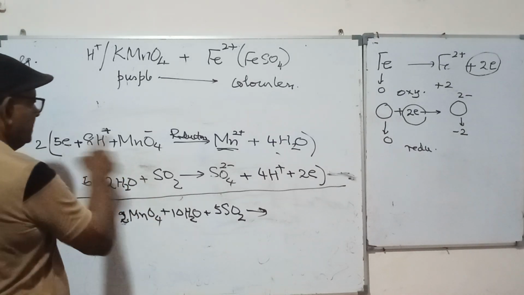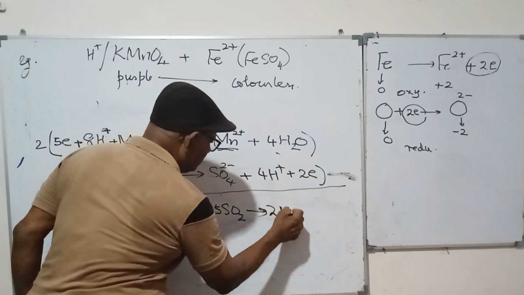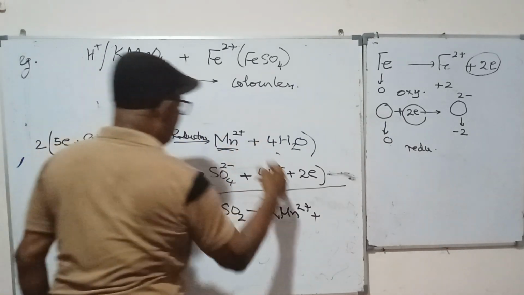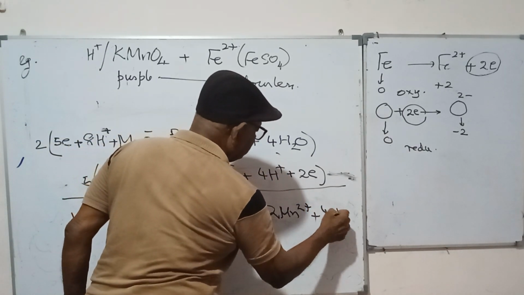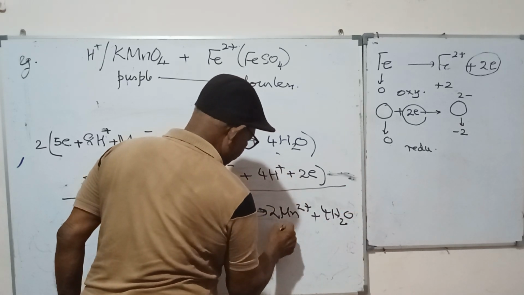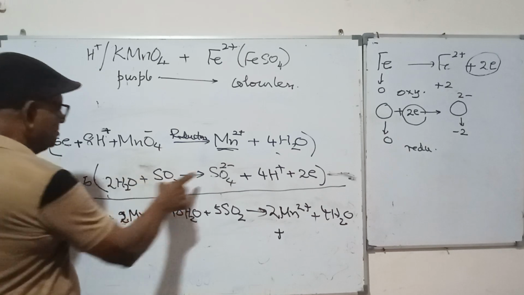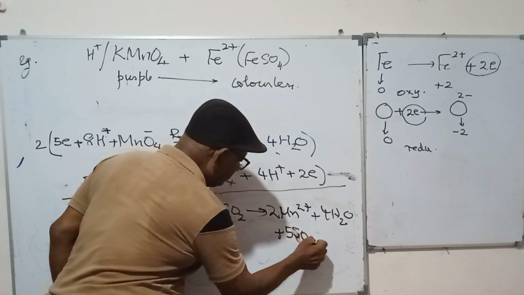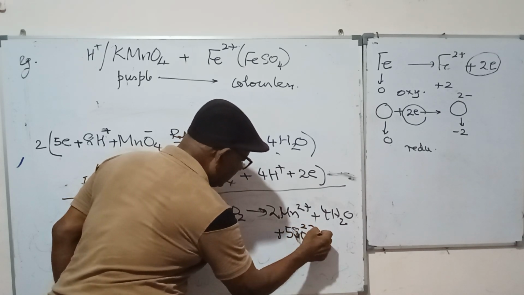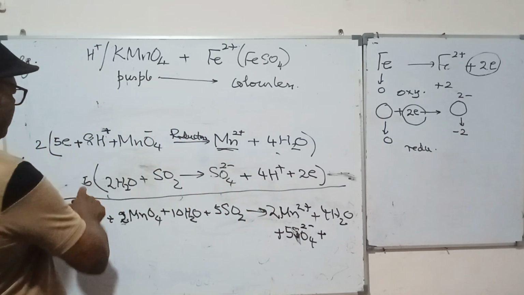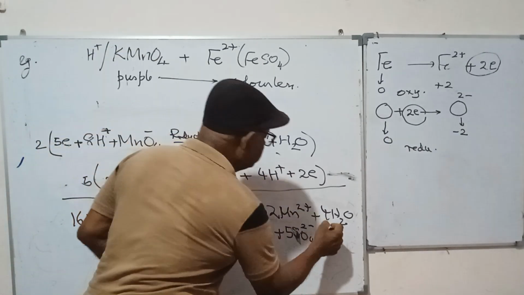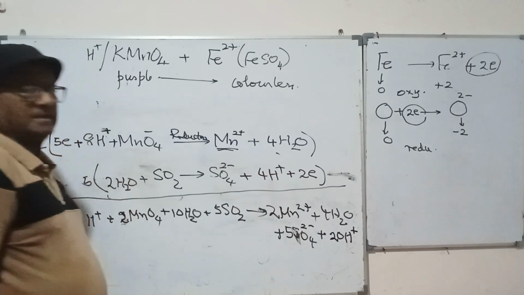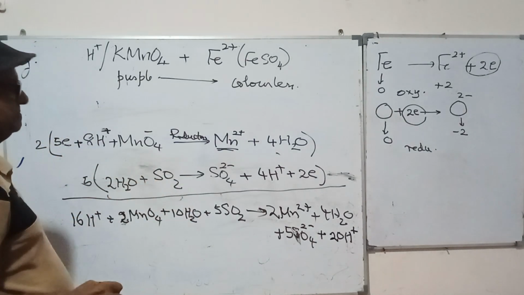Product side: 2Mn2 plus, 2 into 4, 4 water, plus 5SO4 2 minus, plus 5 into 4, 20 H plus. These are the reactants and products.